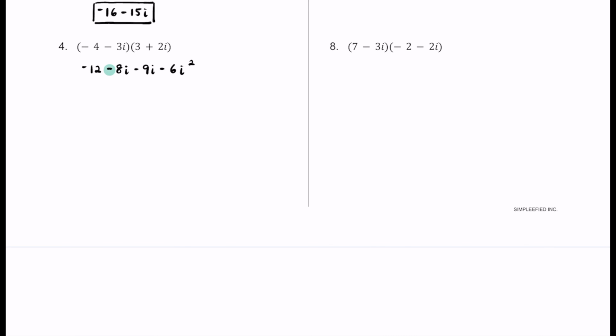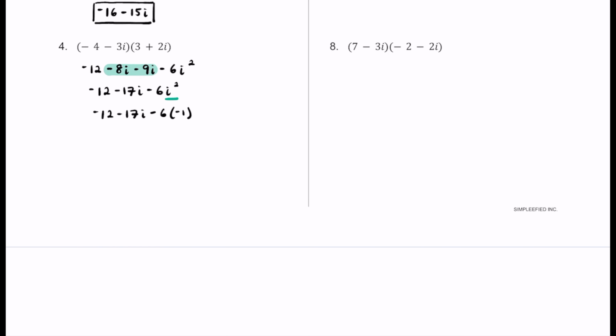All right, so in the middle, we have these two terms that we can go ahead and combine, right? Just like the last few examples, we have negative 12, and then this negative 8i minus 9i is going to be negative 17i, and then we have this minus 6i squared. Now i squared is equal to negative 1, so let's take that negative 12 minus 17i, and then this is minus 6 times negative 1.